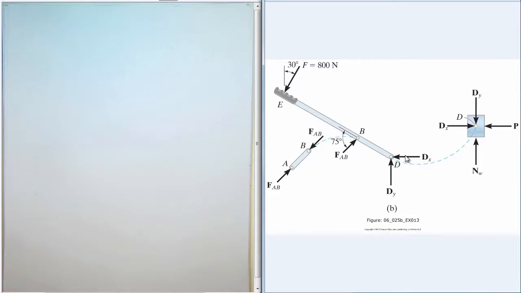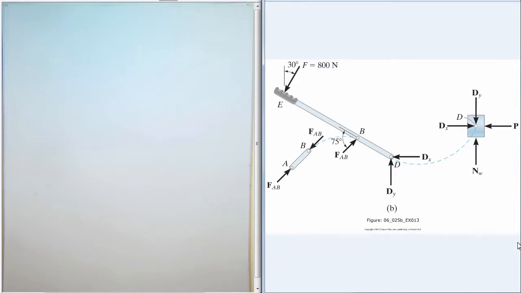So Dx on the lever arm is shown pushing to the left, thus Dx on the block is shown pushing to the right. Similarly, Dy on the lever arm is the opposite sense as Dy on the block. And you can see FAB on the linkage AB is going in the opposite direction of FAB on the lever arm.